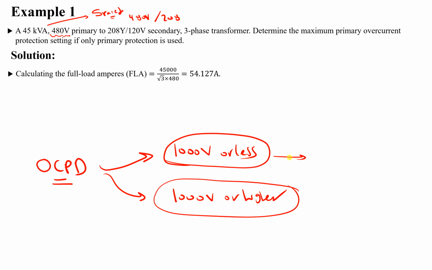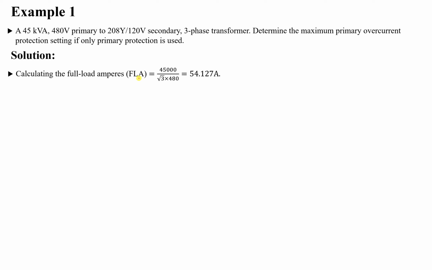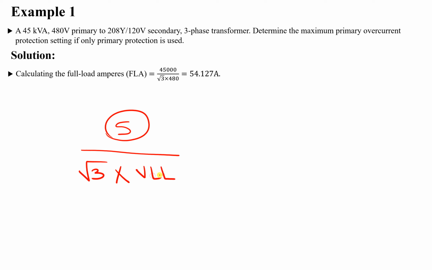Number one, we are going to look for the full load ampere for the primary. We know that S, which is our apparent power, divided by root 3 multiplied by V line to line, gives us I phase.